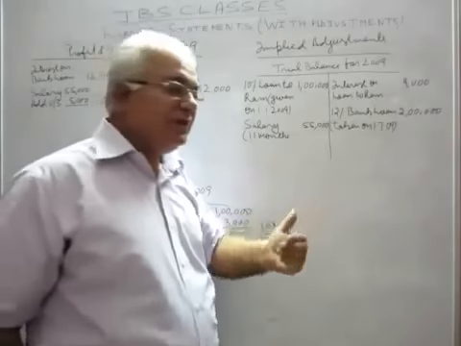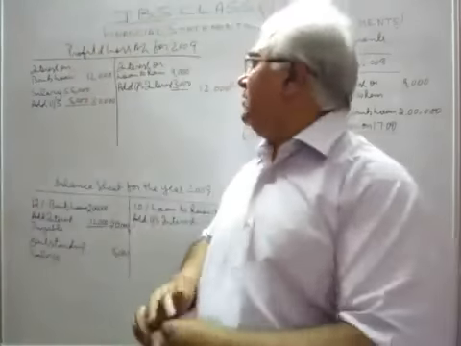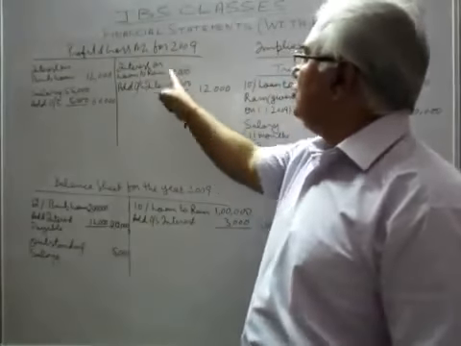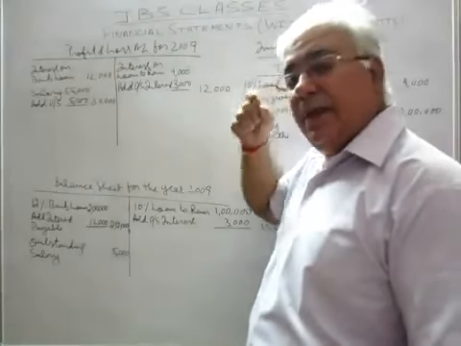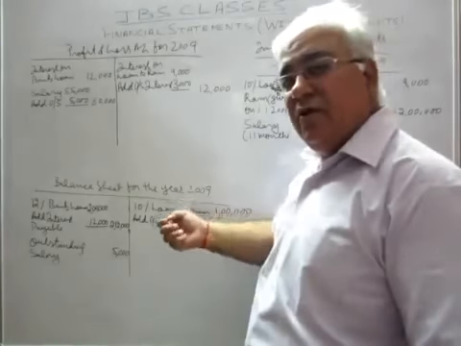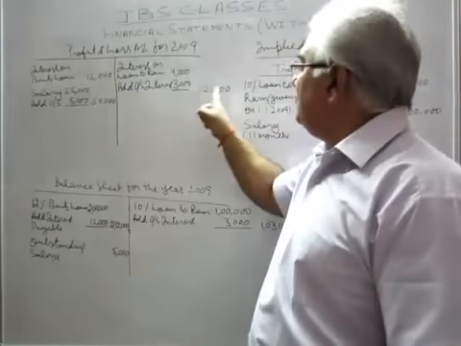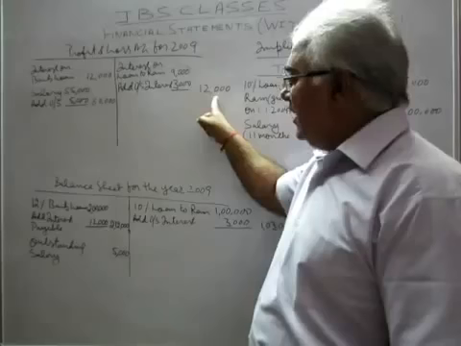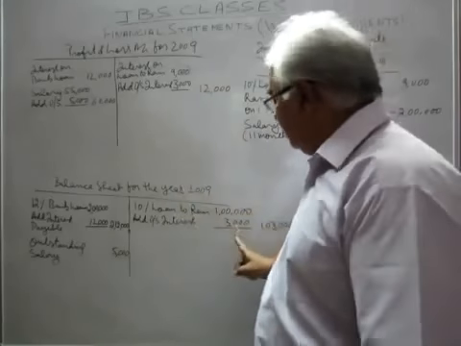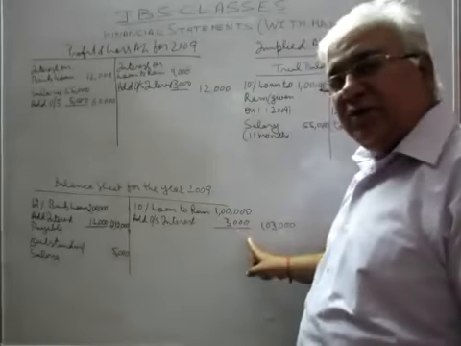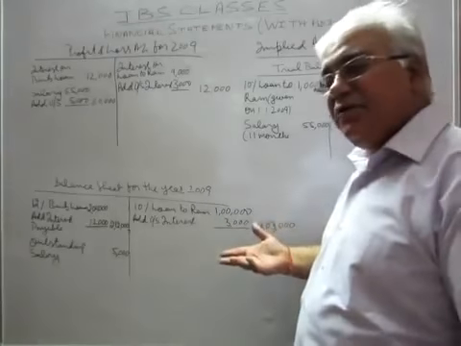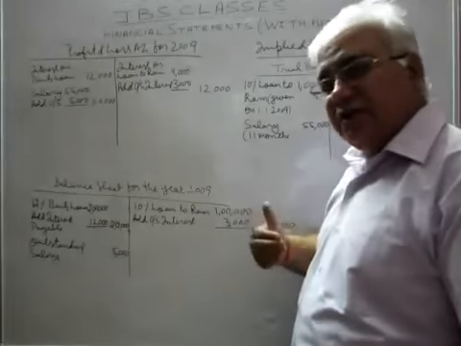And because of this, your interest in the profit and loss account will be shown at 12,000: 9,000 which is actually given in the trial balance, and 3,000 for which you have now made an entry. In the balance sheet, this 3,000 will be added to Ram's loan account. So there can be implied adjustment for interest taken also.